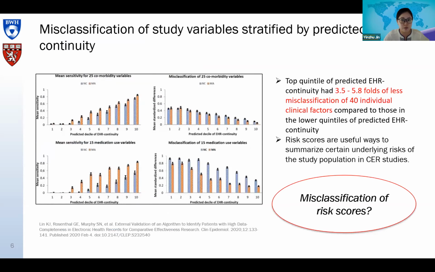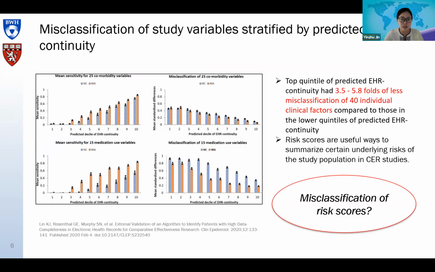Using this algorithm, we evaluated misclassification of 40 individual variables that are commonly used in CER studies. We found that patients in the top quintile of predicted EHR continuity had 3.5 to 5.8 fold less misclassification compared to those in the lower quintiles of predicted EHR continuity.